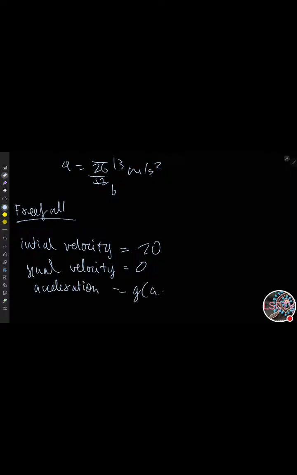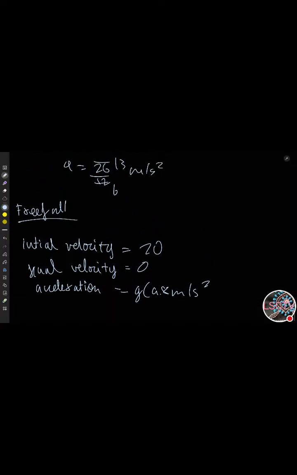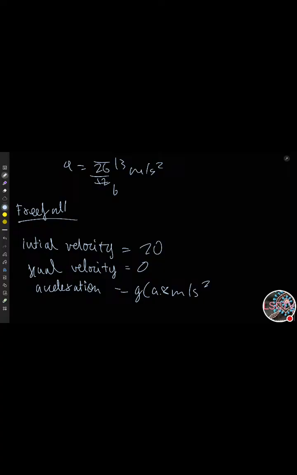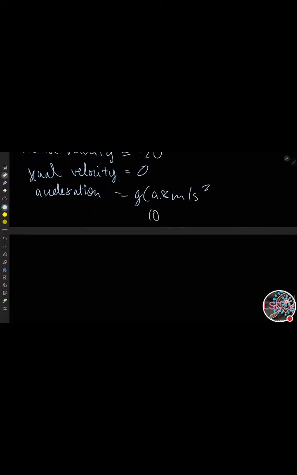It is 9.8 meter per second square. You use it as 10 only in higher classes, 10 meter per second square.